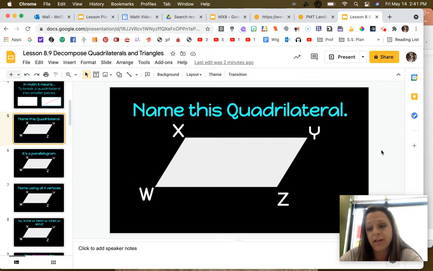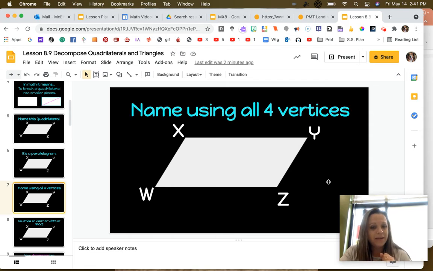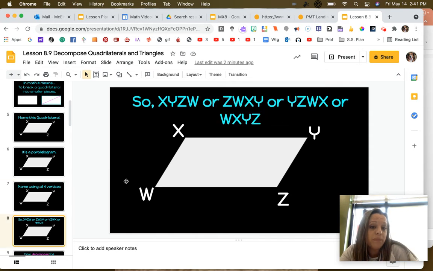If I think about my anchor charts and the types of quadrilaterals, I would say this is a parallelogram. It has two sets of parallel sides. I can also name it using all four vertices. So it could be quadrilateral XYZW, or YZWX, or ZWXY, or WXYZ.